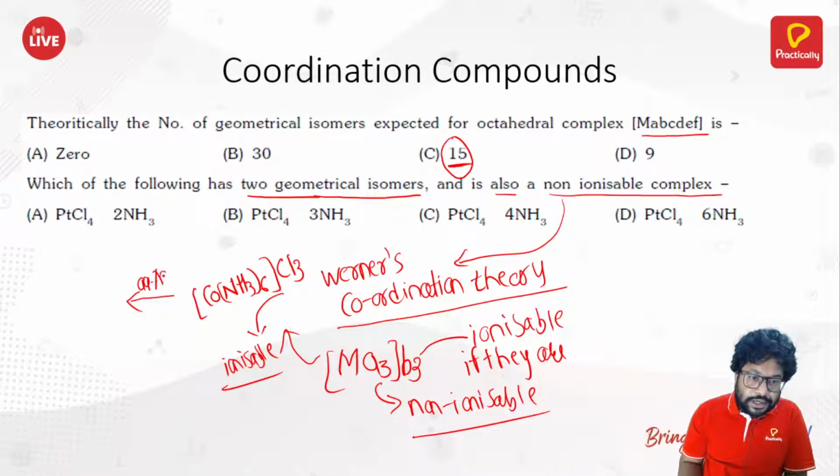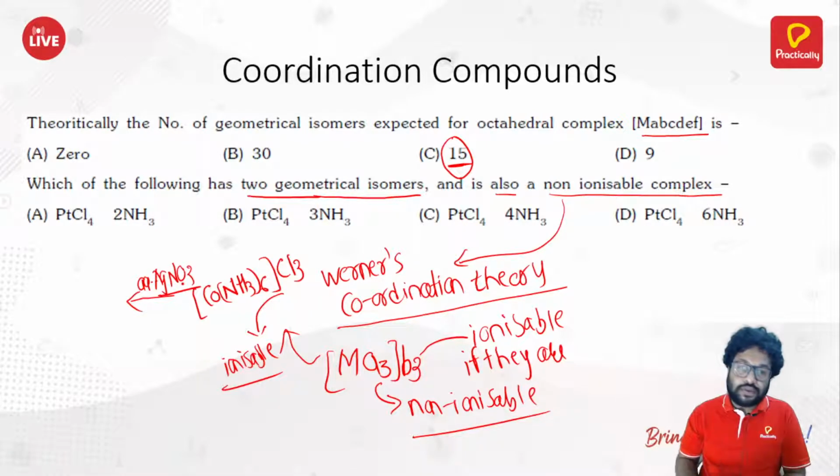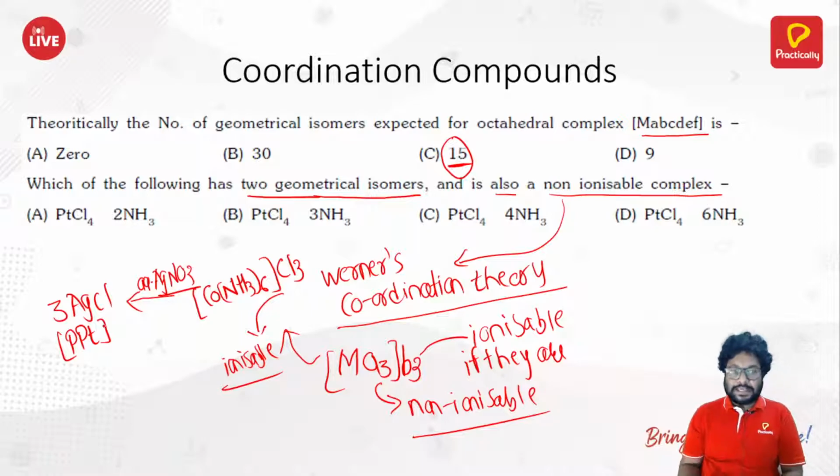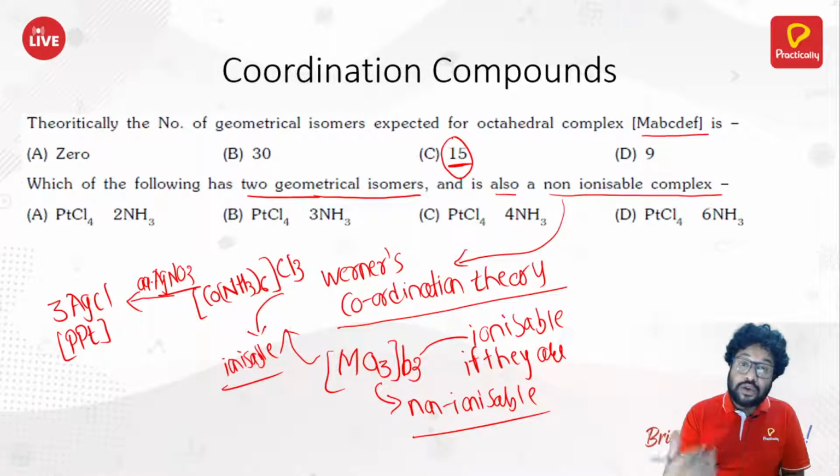If you put aqueous AgNO3 into this, it should give you 3 moles of AgCl. It gives you a precipitate, 3 moles of AgCl, because you have 3 chlorides outside the coordination sphere. They are in the ionization sphere.